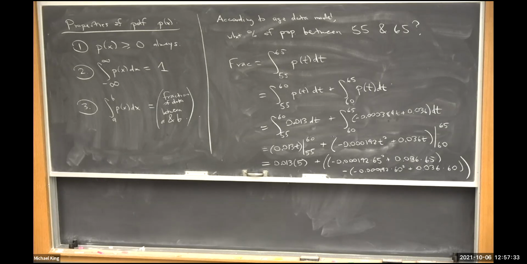Negative 0.000192 times 65 squared minus 60 squared. That's that number. Plus 0.036 times 65 minus 60.